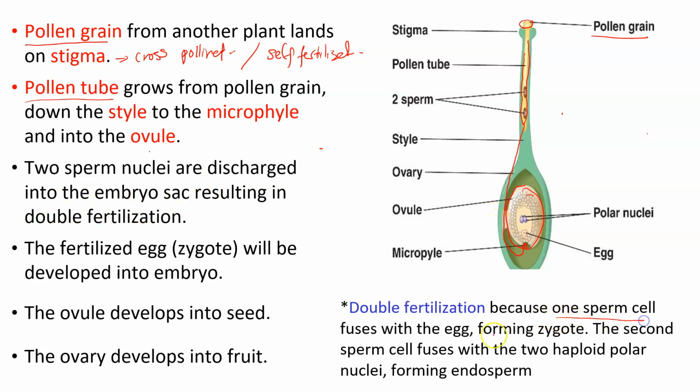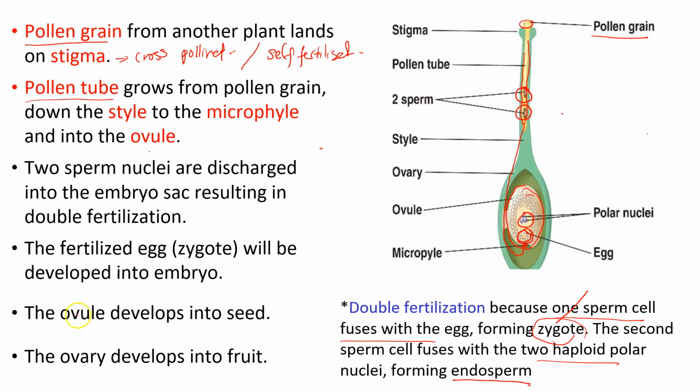Because one sperm cell will fuse with the egg, forming the zygote, and the second sperm cell, we have two, 1 and 2, will fuse with the two haploid polar nuclei here, forming the endosperm.